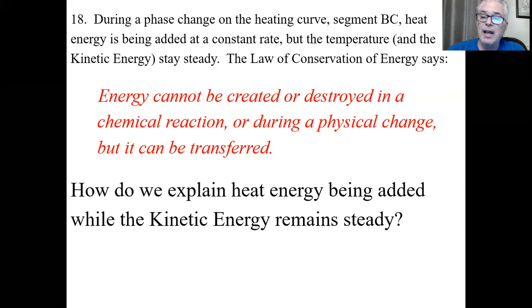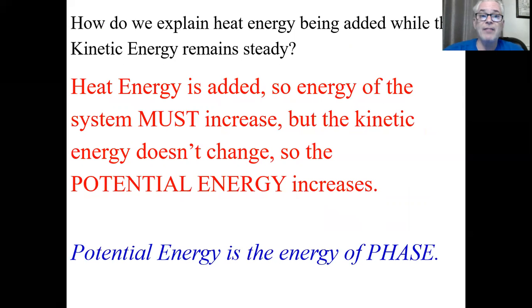How do we explain that when we add heat, the kinetic energy remains steady on these two flat parts of the graph? Well, we have to talk about that other kind of energy. Heat energy is added, so energy must increase. If the kinetic energy won't increase because the temperature stays steady, then it's the potential energy that will increase.